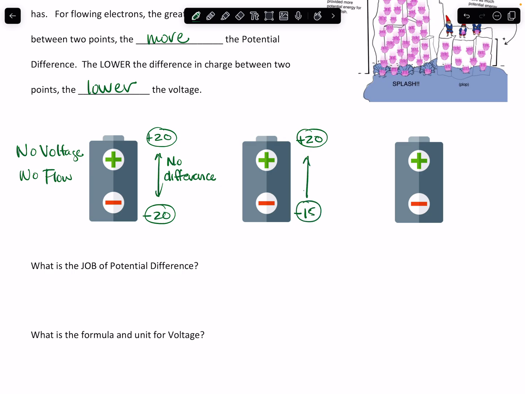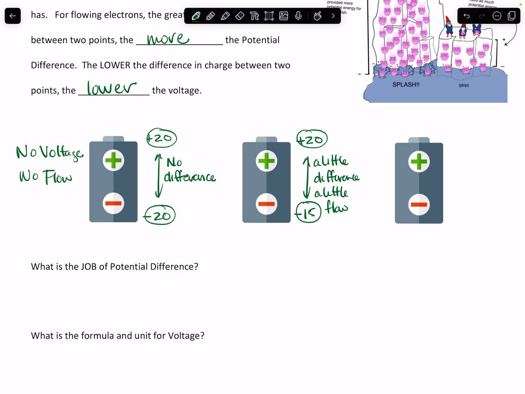So we have a little difference, that means a little flow. The electrons are going to move, but they're not going to have a ton of energy, so you're not going to be able to do a lot with them.